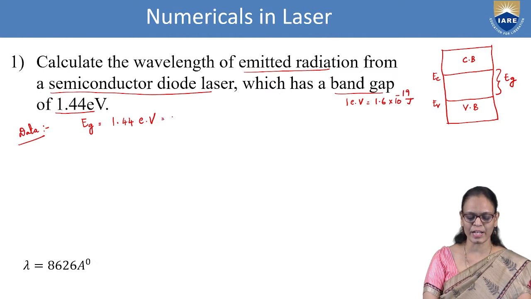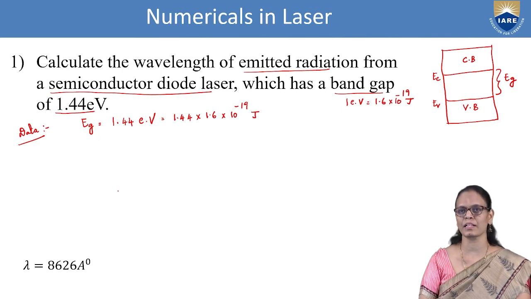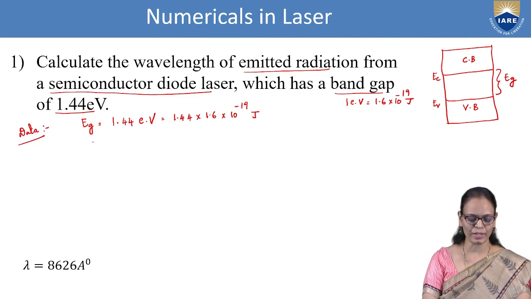So we will write it as 1.44 into 1.6 into 10 power minus 19 joules is the energy gap. What we have to calculate is the wavelength lambda.